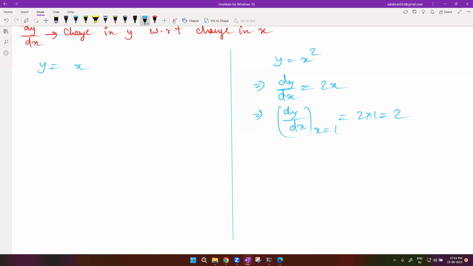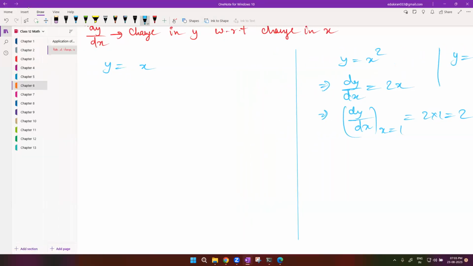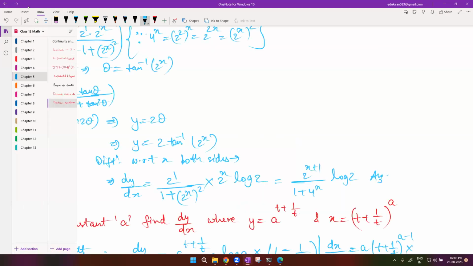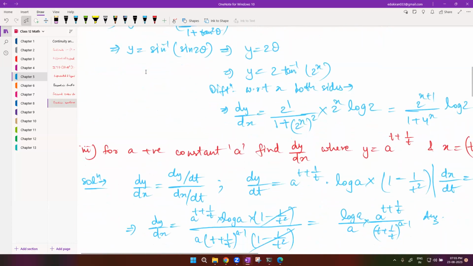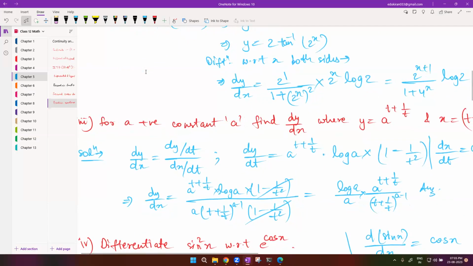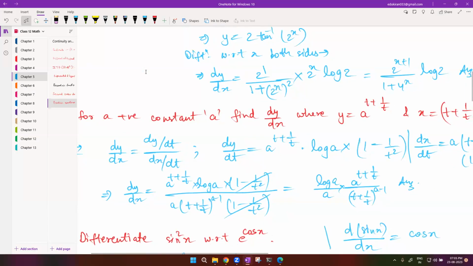So you can take some different function, maybe, for example, go to the fifth chapter. Right, see, this was dy by dx.